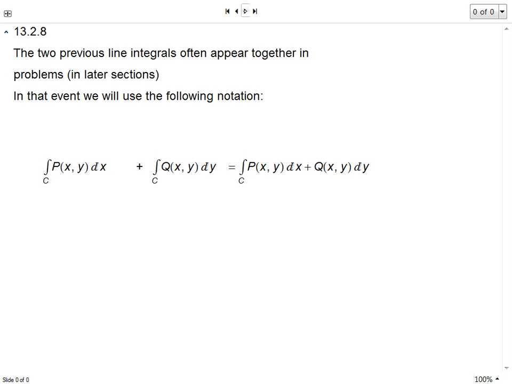If you have the line integral over C of P of xy, some function of xy dx, plus the line integral with respect to y of some other function Q of xy, then that just means the sum of the two line integrals separately. So this is just notation. When you see this, it means this.